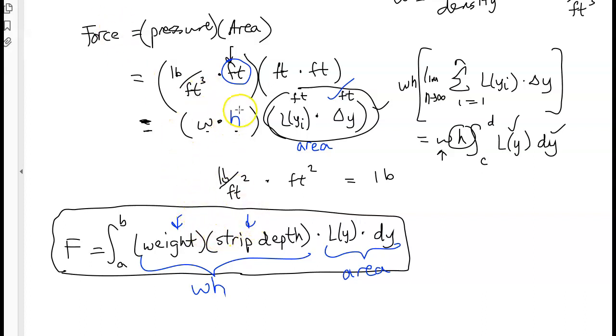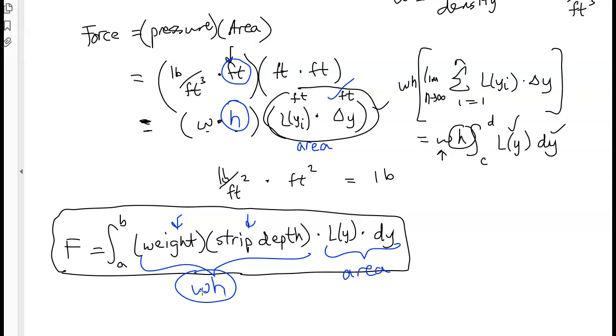And so the strip depth here is just going to be, in this case, whatever H is, but in general, it's just going to be how far down, or how much to the left, how much to the right. Something will be, in order for you to basically figure out what's going to be the pressure of the area that you're trying to cover, okay? And that's the main thing here, that this WH right here is taking care of the pressure part, okay?